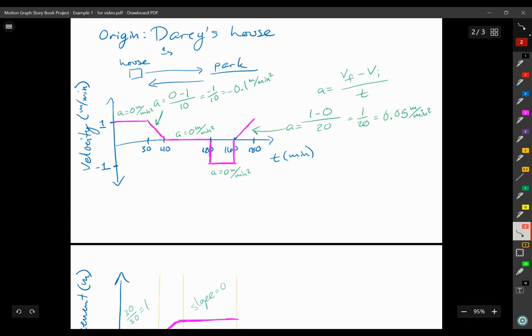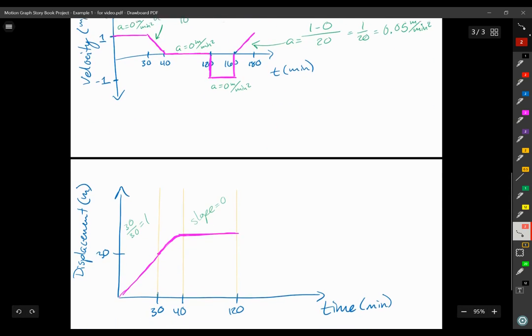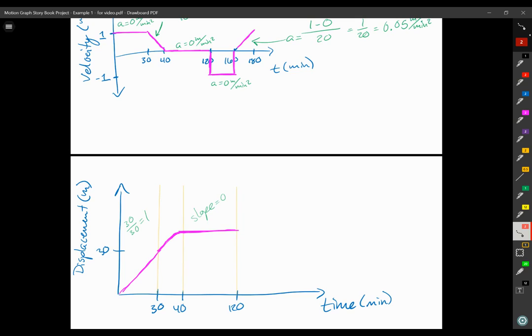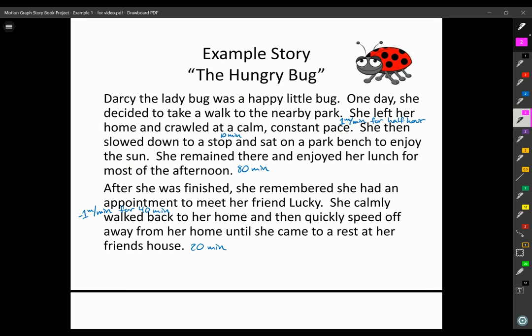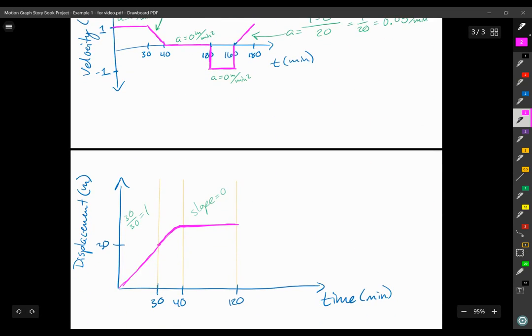This last section, it jumps down all the way to -1 meters per minute. So for the displacement, we're not going to have any jumps like this. Your displacement shouldn't have any jumps vertically like that. It should always be kind of a smooth graph. We're just going to have a little nook here. If I check my story, it says walked back to her home, and I said that her home was my reference point, was my 0.